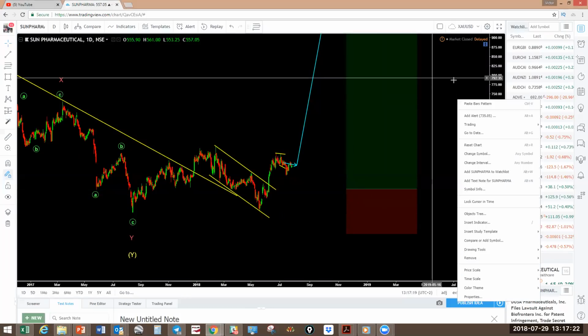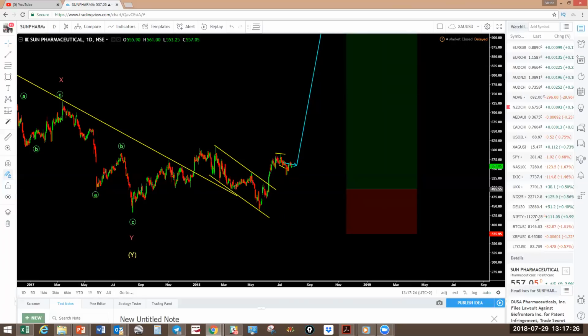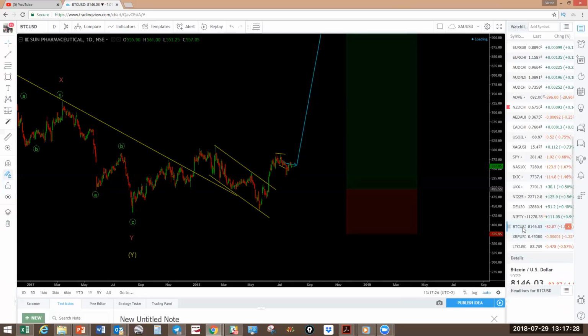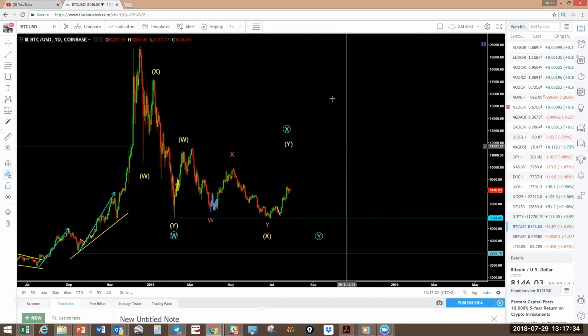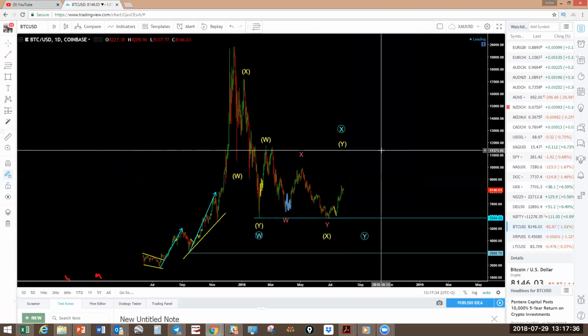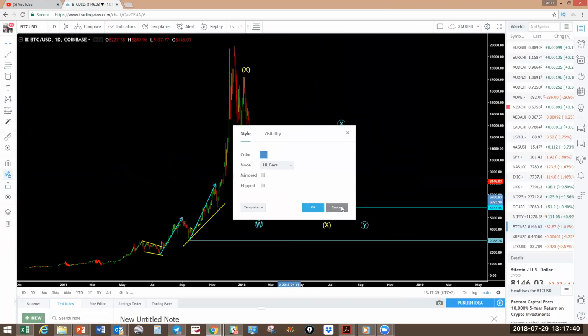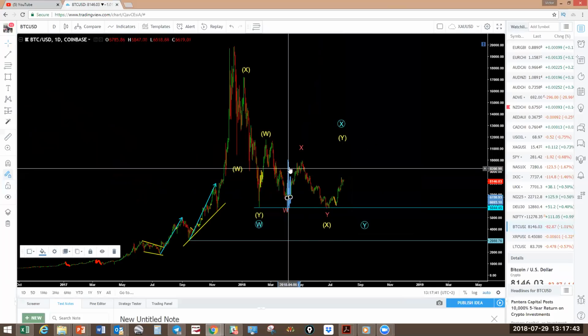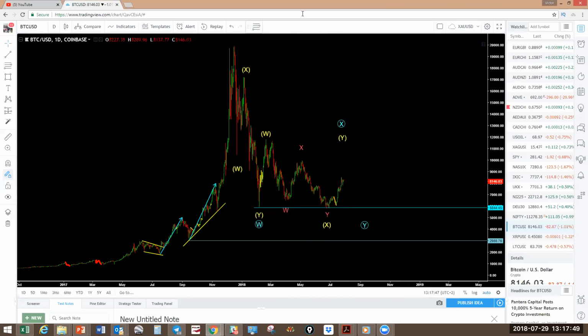Okay, so now we can look at the cryptocurrencies. Bitcoin. Looking at Bitcoin, so the cryptocurrencies have been following structure to the pip, and we've been spot on. If you remember, I have been looking at the same chart since the beginning of this year when Bitcoin and the rest of the cryptocurrencies started to drop.